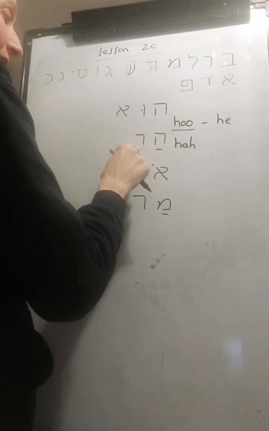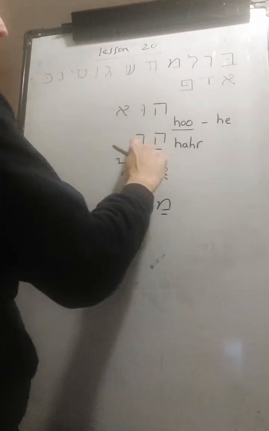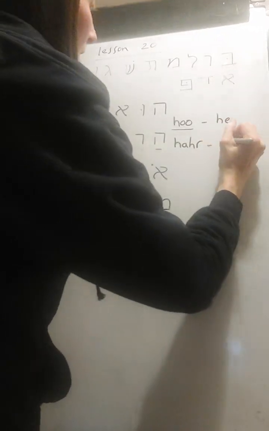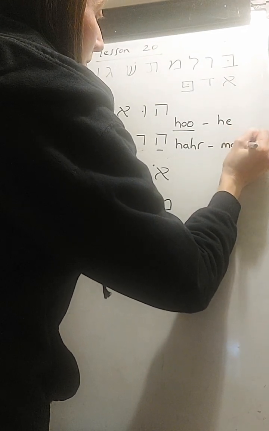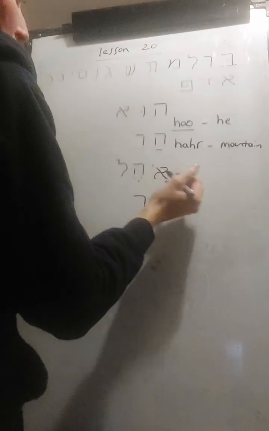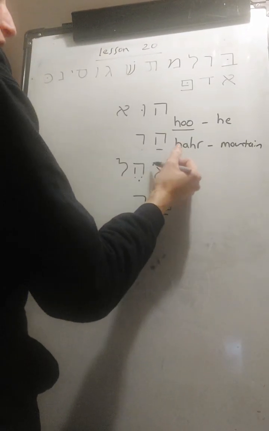Go to the next consonant, the resh, which sounds as r. There's nothing underneath, so it blends together: har. And har is mountain. The next one, the aleph, has no sound of its own, so you take on the vowel sound.